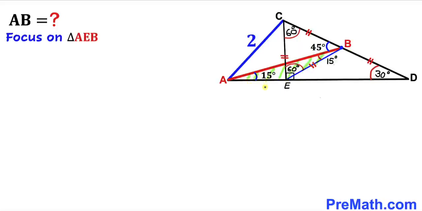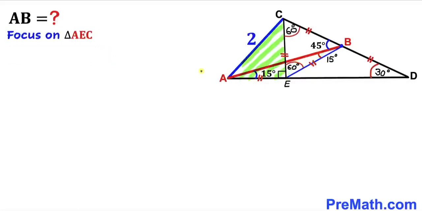And now let's focus on this triangle AEB. And we can see that this is an isosceles triangle since this angle is 15 degrees and this angle is 15 degrees as well. So therefore we conclude that this side length AE is going to be equal to this side length EB. And here's our next step.